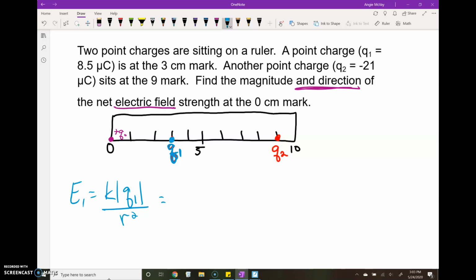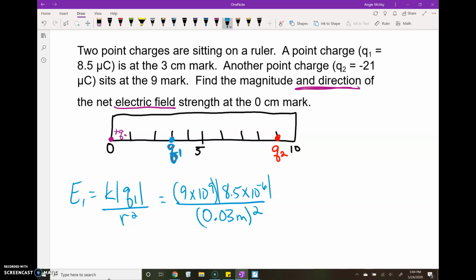So we could calculate this by doing 9 times 10 to the 9 times 8.5 times 10 to the minus 6 over, and what's the R squared here? It is 1, 2, 3 centimeters from the 0 centimeter mark, so 0.03 meters squared. Okay, and you can do that calculation.